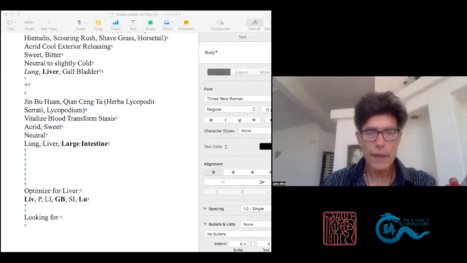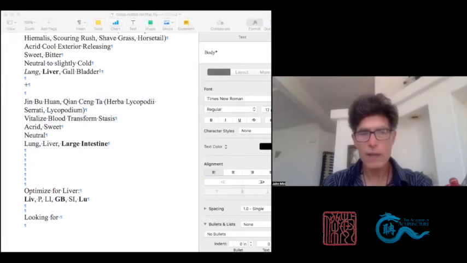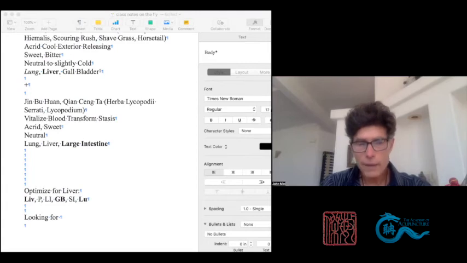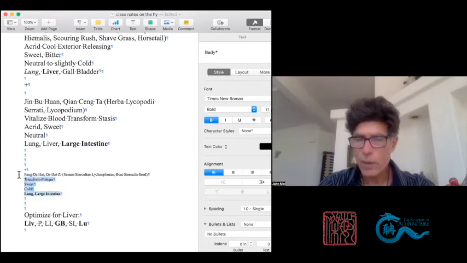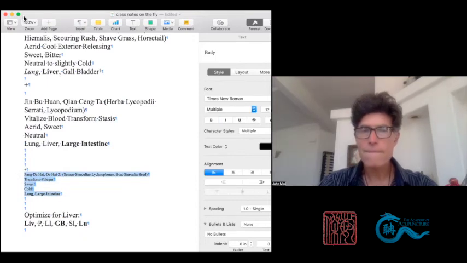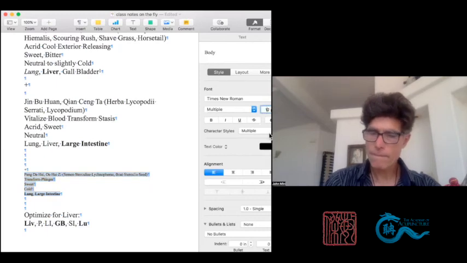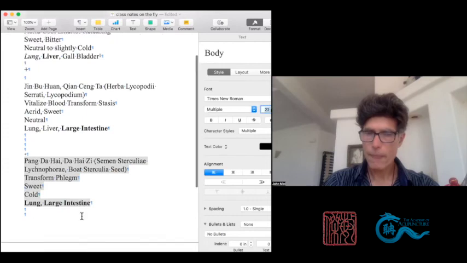Another herb that you could add if there's a lot of liver qi congestion that's creating phlegm in the throat and messing with your patient's voice, remember to use the Pingda form. Like that.